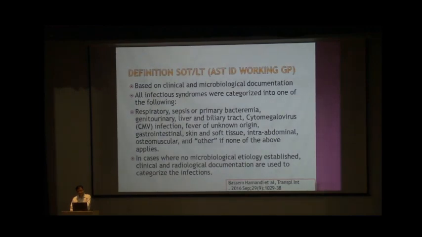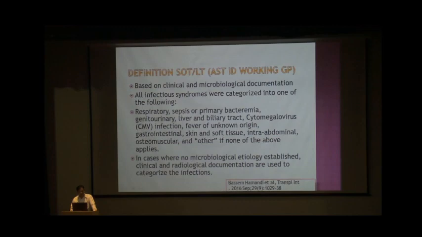Coming to the definition, in particular to solid organ transplantation or liver transplantation, as per the AST infectious disease working group, the definition has to be based on clinical and microbiological documentation.